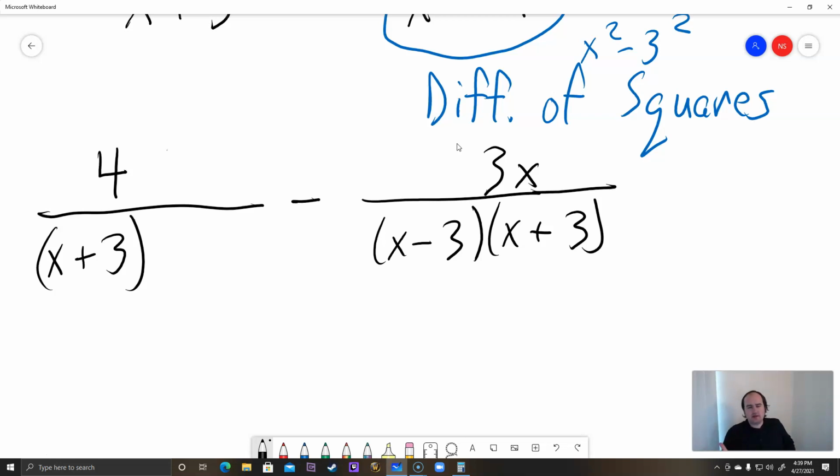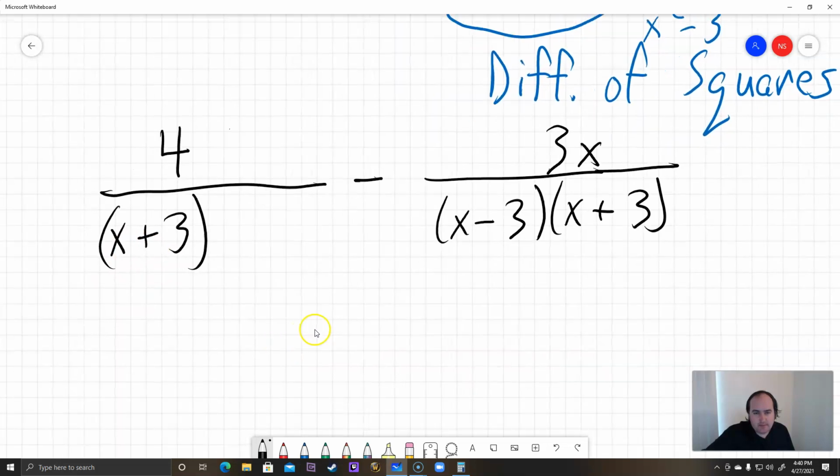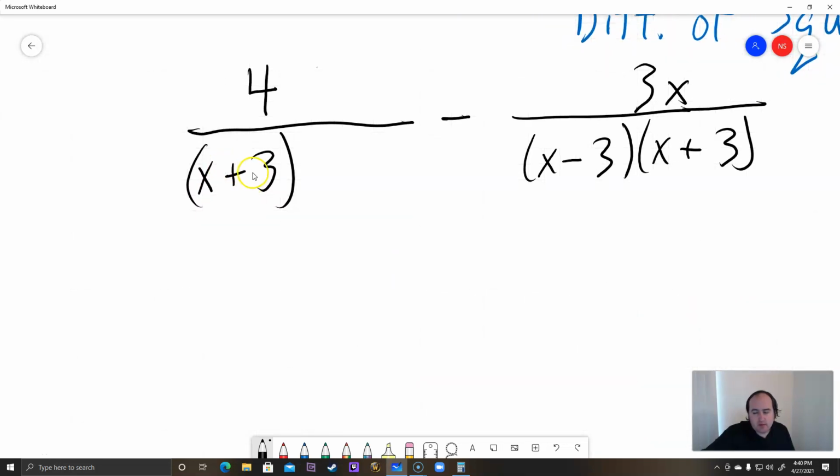Alright, so now we can look at this. Now that we've factored the bottom right corner, we can see what we're missing. So on the bottom right corner, we have an x minus 3 and an x plus 3. But in the bottom left corner, we're actually missing an x minus 3. We only have an x plus 3, but we don't have an x minus 3.